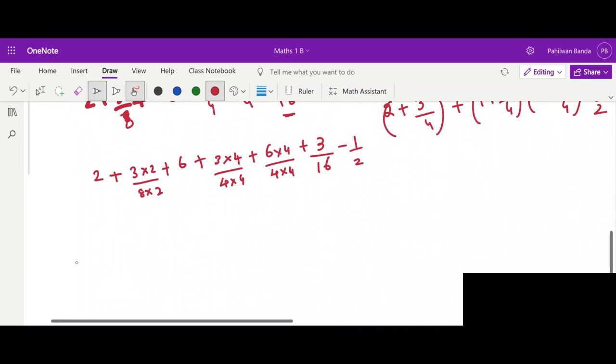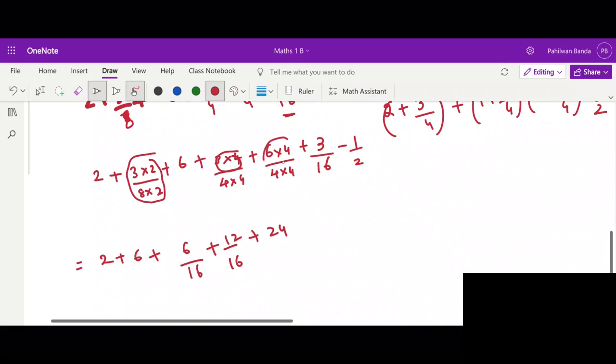Okay, now in the next step what will I do? 2 plus, this is 3 into 2, whole numbers you can combine. 2 plus 6 plus, now these are the fractions. 3 into 2 is 6 by 16. Now 3 into 4 is 12 by 16, plus 6 into 4 is 24 by 16, plus 3 by 16, minus 1 half.